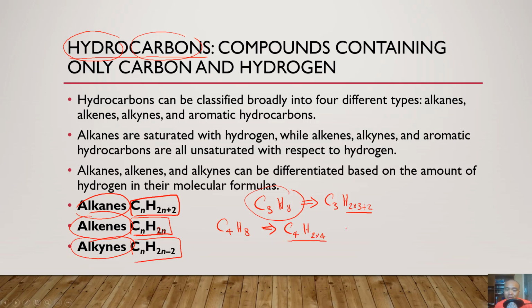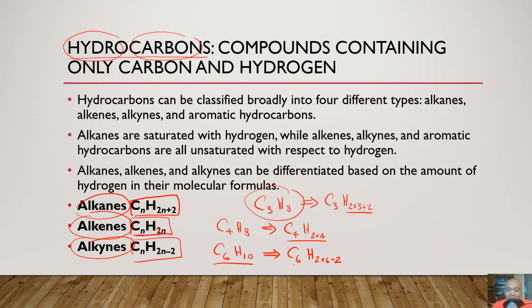So if it's an unbranched hydrocarbon, this means it will be an alkene. For an alkyne, let me give you one example. For example, C₃H₁₀. This has a structure. You can rewrite it as C₃H₂ times 6 minus 2. So this is an alkyne.